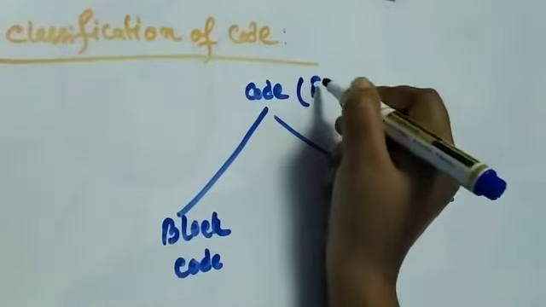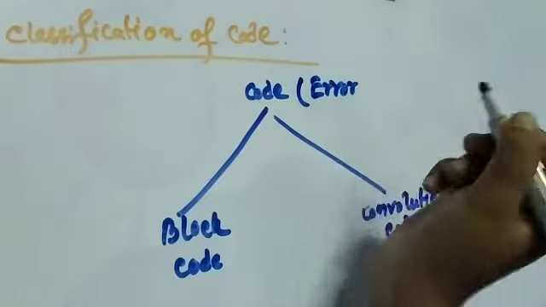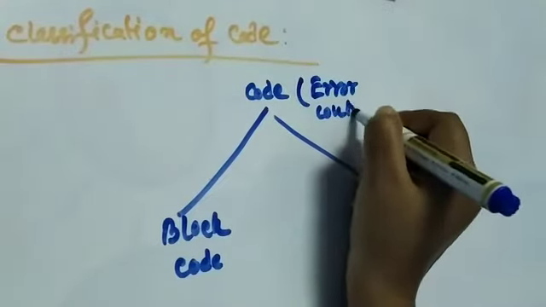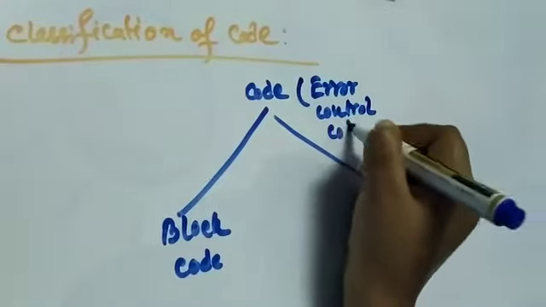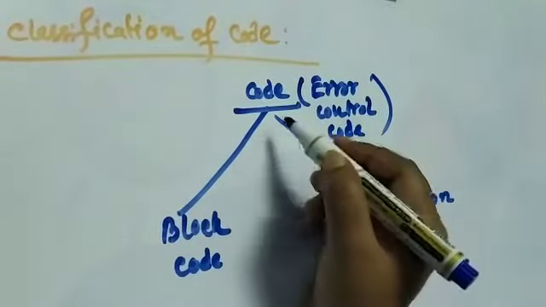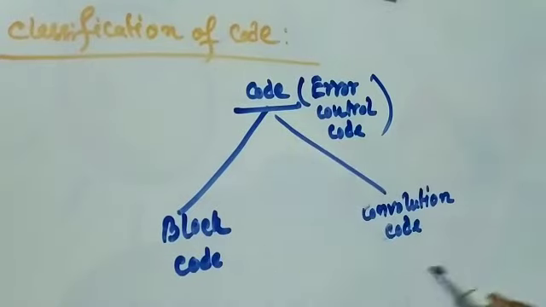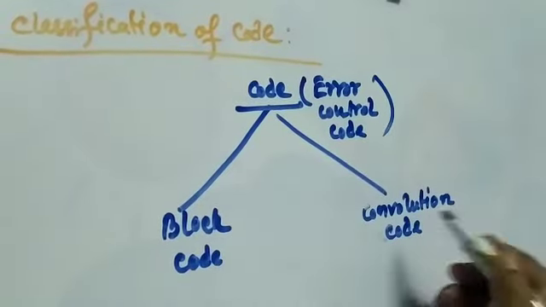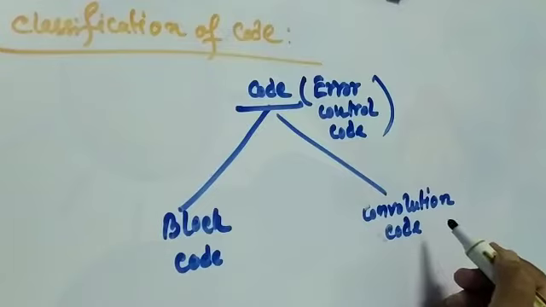This code is error control code. So, the error control code is classified under two categories: block code and convolution code.